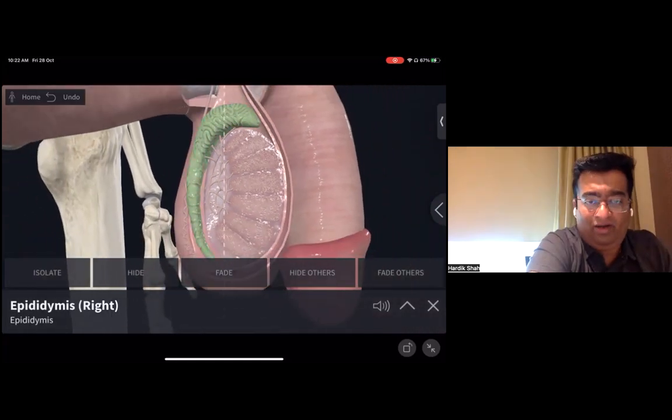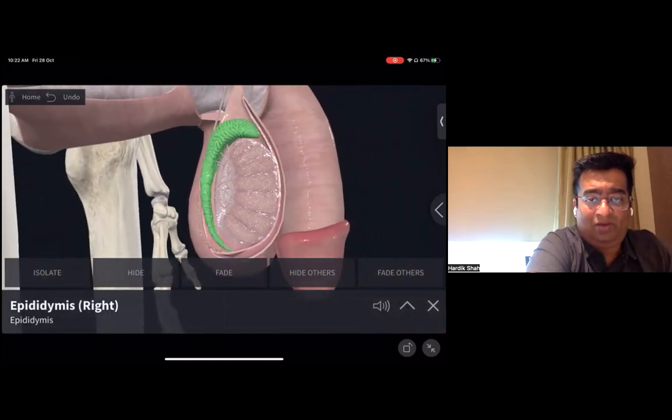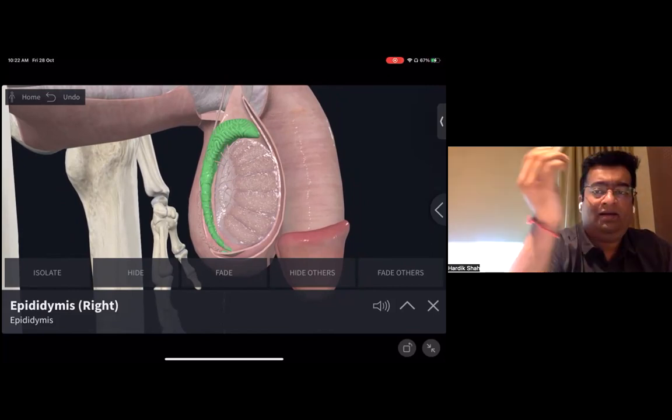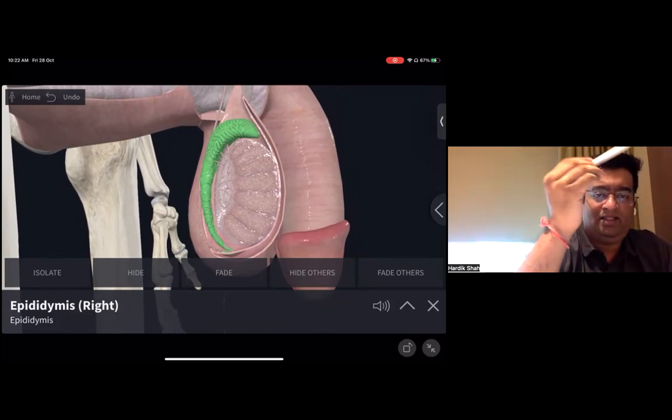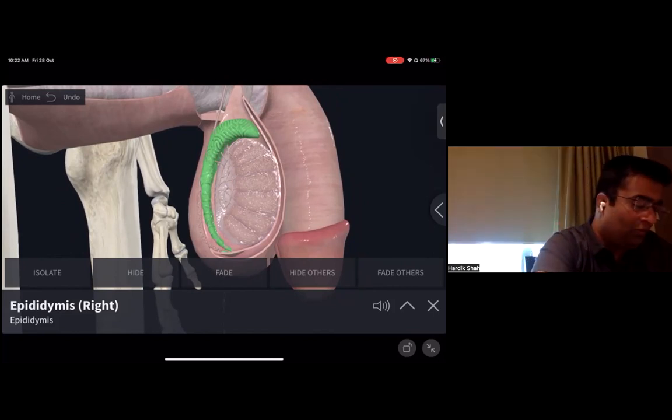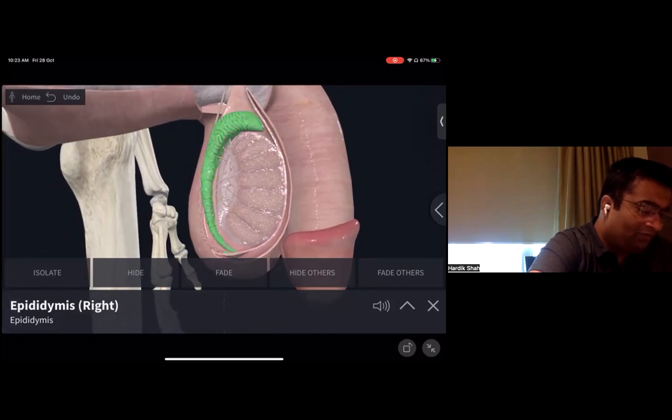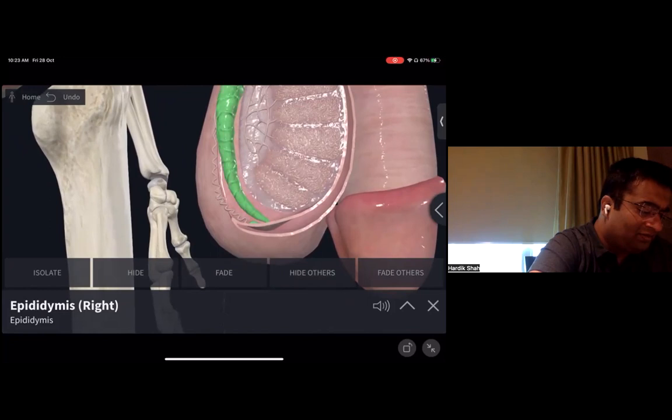It is highly coiled, but it is 6 meters long. It starts from the top of the testis, goes on the posterolateral side, and then opens into the vas deferens.